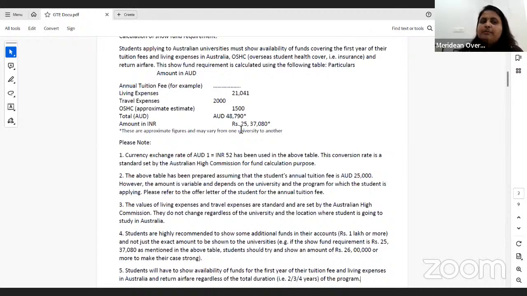Whatever the total amount becomes, you have to show at least a lakh rupees more on that. If 25 lakh is showing, you can show 26.5 lakh. If 27 lakh comes in your calculation, you will have to show 28 lakh. That is the show amount that you need to show to the university at the time of clearance of GTE compliance.